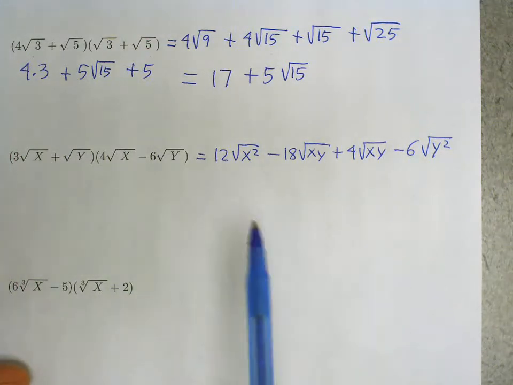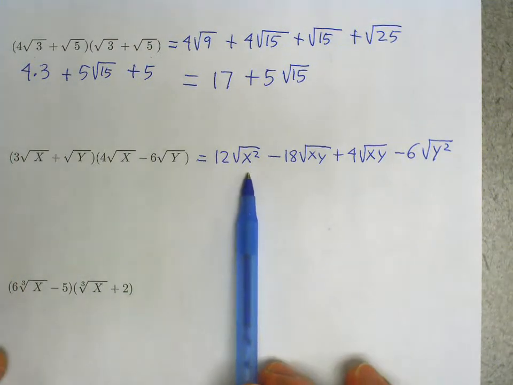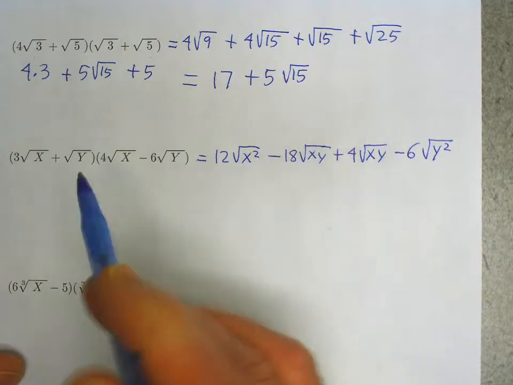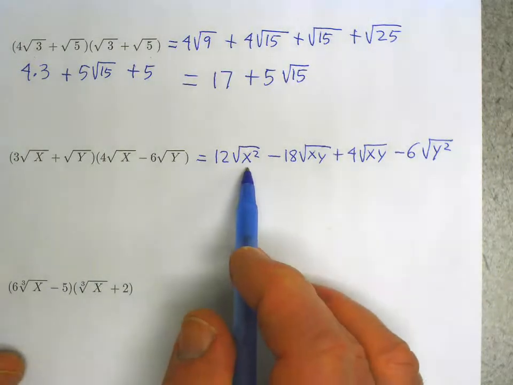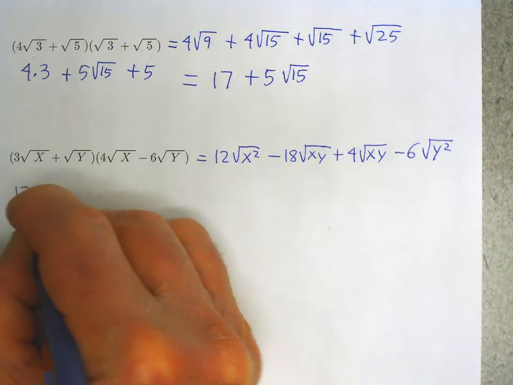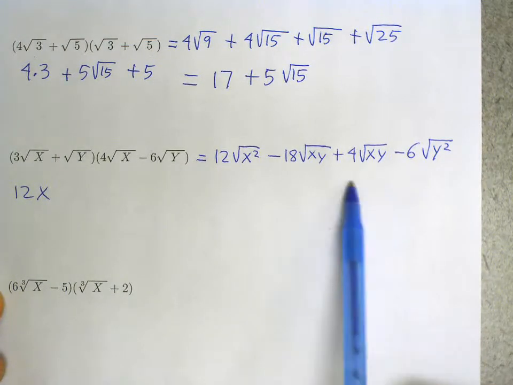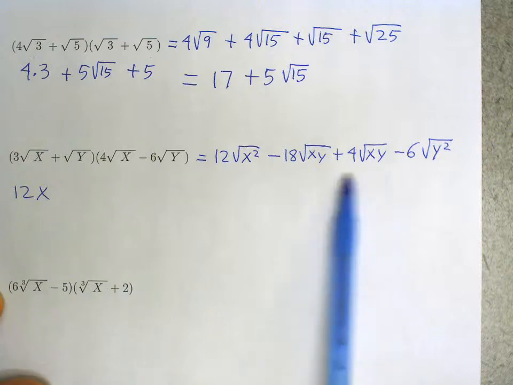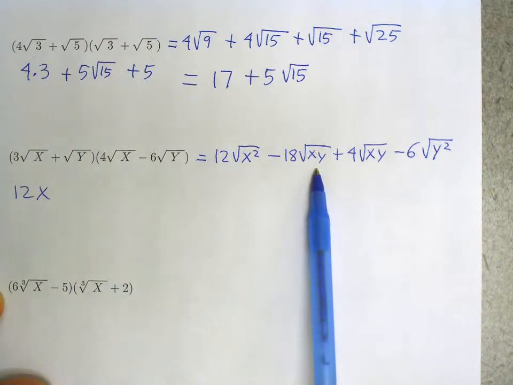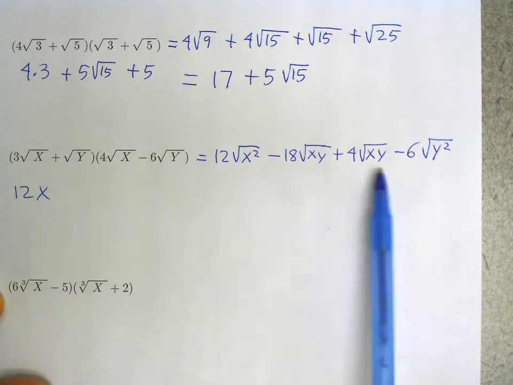Okay, we can simplify further. The square root of x squared is x. So the 12 times the square root of x squared simplifies to 12x. The two middle terms are like terms. Each of the radicals is simplified and each one is identical to the other.